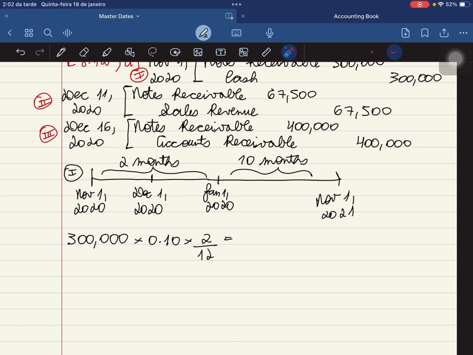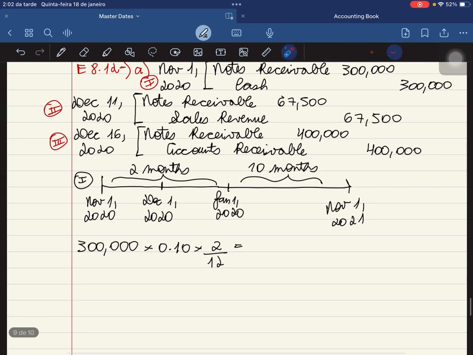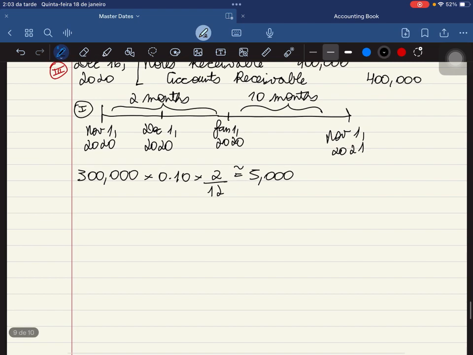So if we're doing months, here we're talking about months, so that's why I have 12. If I was doing days, here would be 360. So be careful. The next examples you'll understand better, but just keep in mind that this one doesn't change. For example, if it was a 9-month note, this one would not be 9, it would still be 12. That is approximately 5,000. This is the interest for the first one.